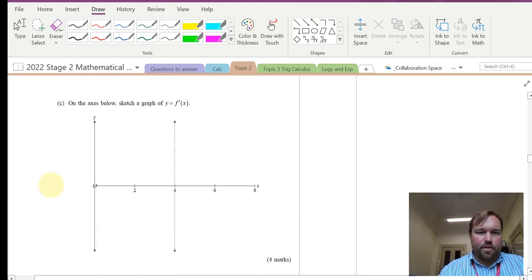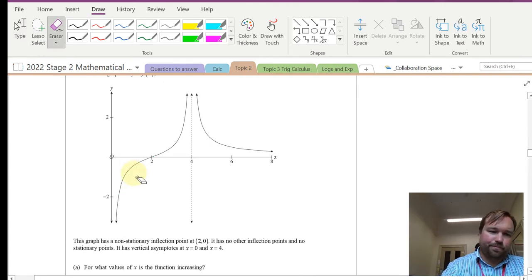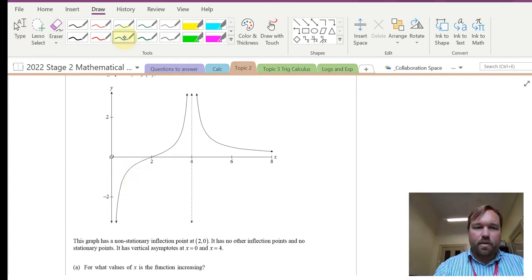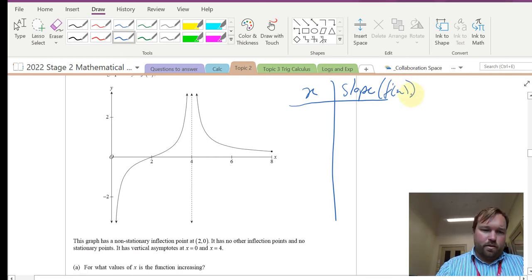On the graph below, sketch the derivative. Alright, so here I would do this. 0, 1, 2, 3, 4, 5, 6, 7, 8.